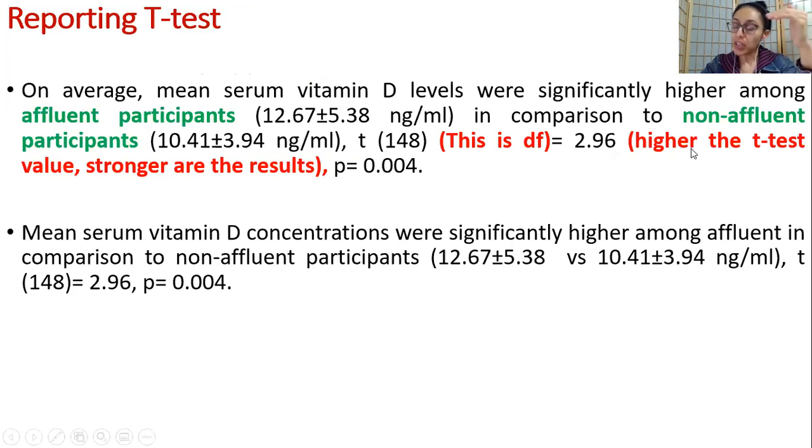The concept does remain the same: the higher the T value, the better and stronger the results. So this T of 2.96, the bigger it is, the better it is, but it is still not an indicator of effect size. You know how R is a standardized value and you can compare across papers? That doesn't go for the T value.